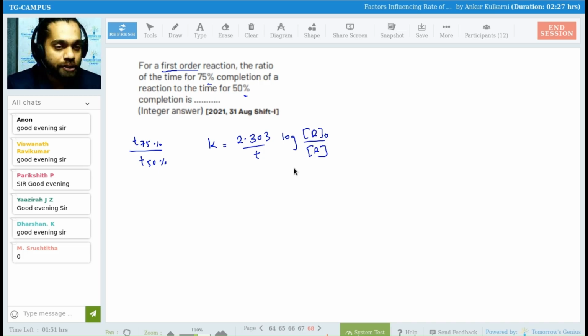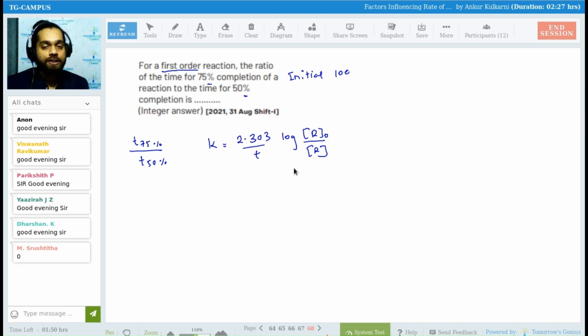If you see a percentage in the question, closing your eyes, always and always, you have to consider initial as 100. Always remember, initial as 100.